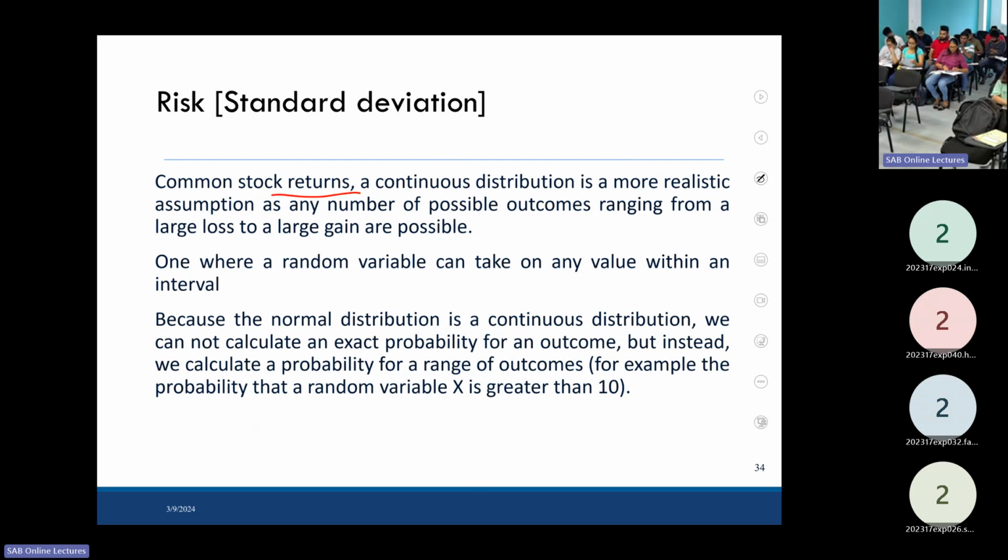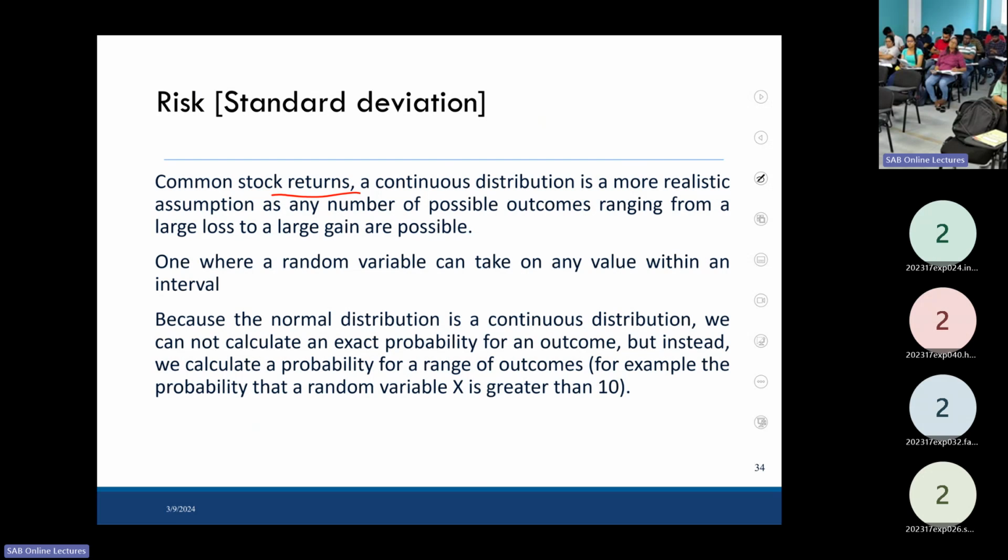So stock returns can also be explained using the properties of the normal distribution. This is for your understanding, because I am not going to check this in the exam, but anyway you will understand how we use this risk and return to forecast.